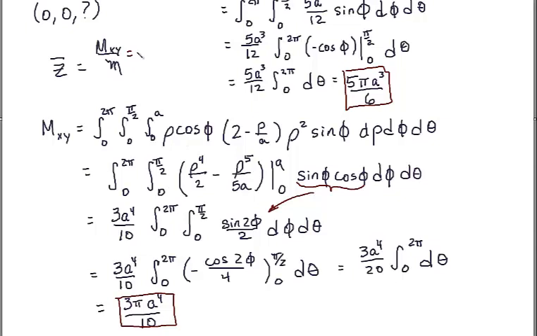Plugging in here, I'll get 3 pi a to the 4th over 10 divided by 5 pi a cubed over 6. And when I crunch all of that, I'm going to get 9a over 25. And therefore, I can say that this z value right here is then 9a over 25.